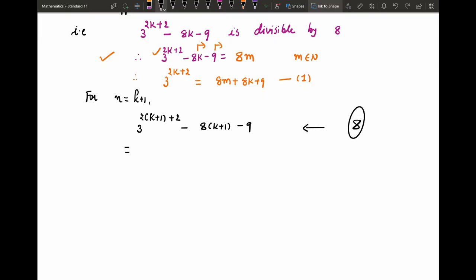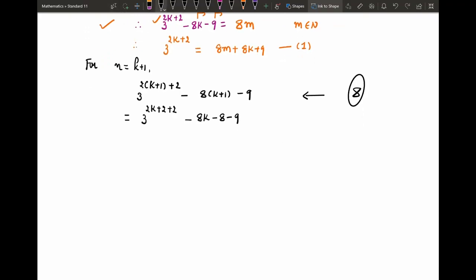Now the simplification of this can be written as 3 raised to 2k plus 2 plus 2 minus 8k minus 8 minus 9.